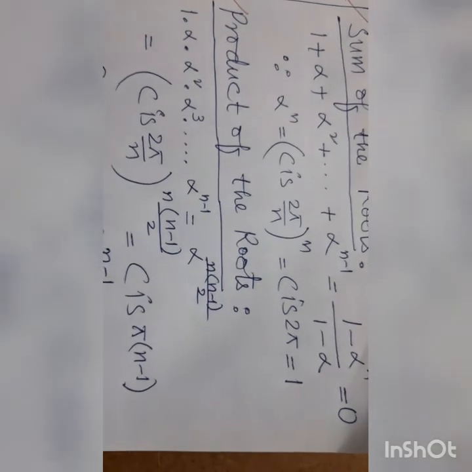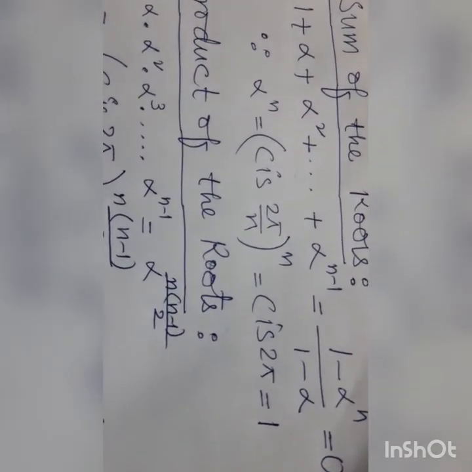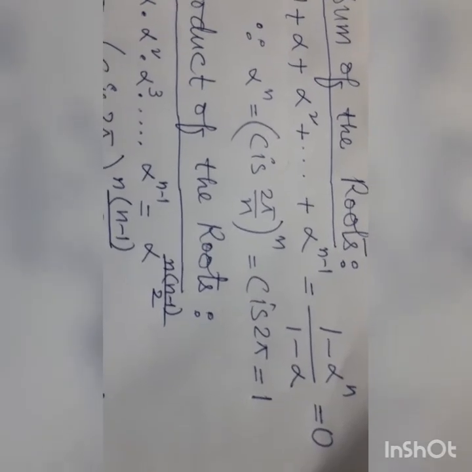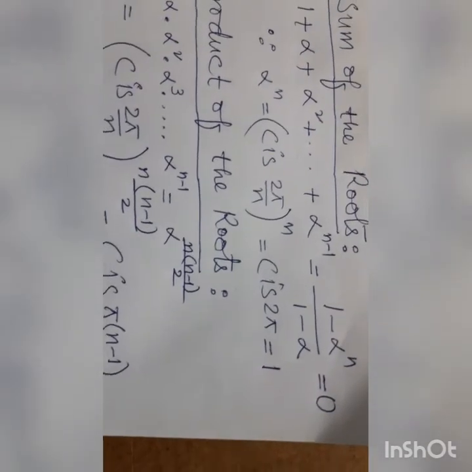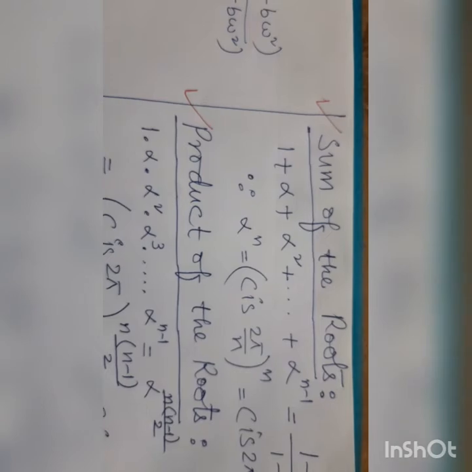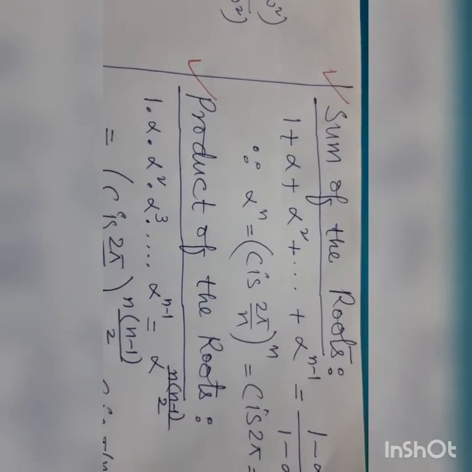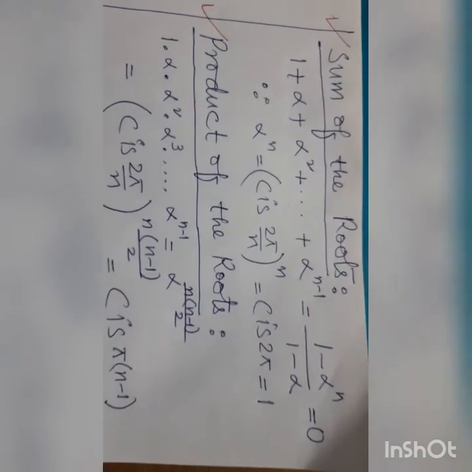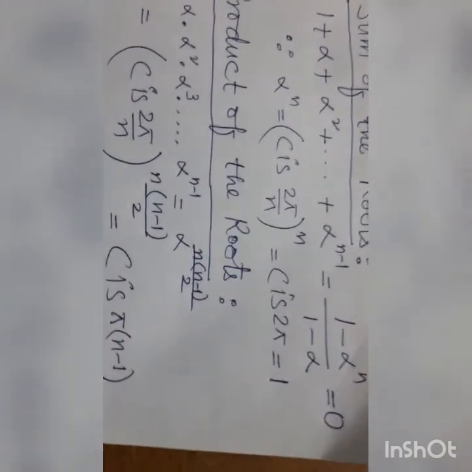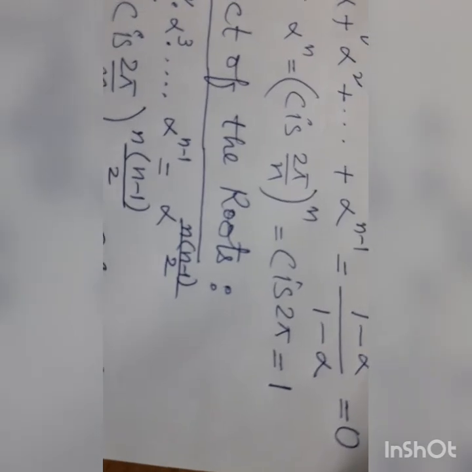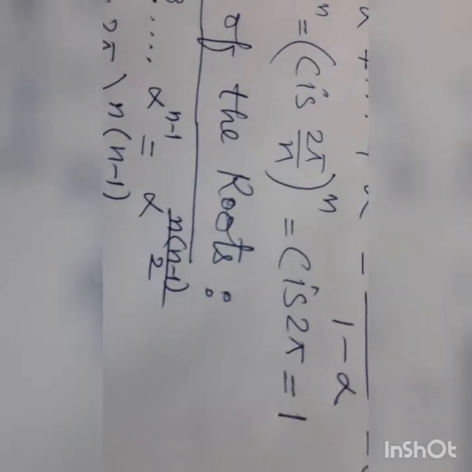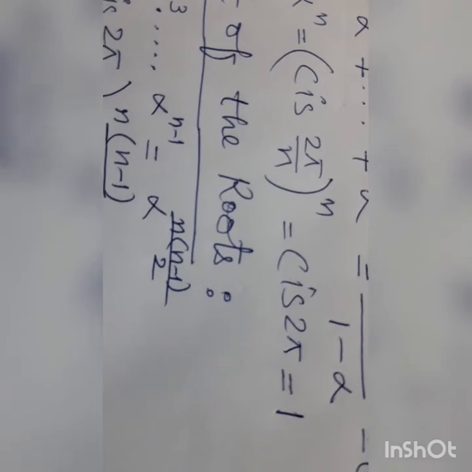What is alpha to the power n? Since alpha is cis 2π/n, as I have told you, alpha to the power n equals (cis 2π/n) whole power n, which is cis 2π. Cis 2π means cos 2π plus i sin 2π. Sin 2π is 0 and cos 2π is 1.